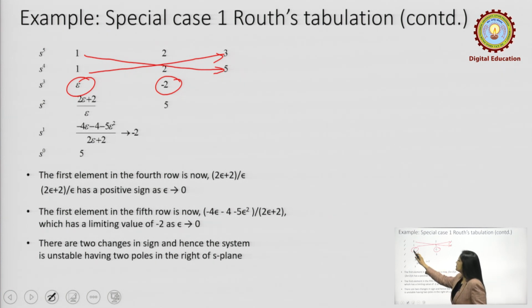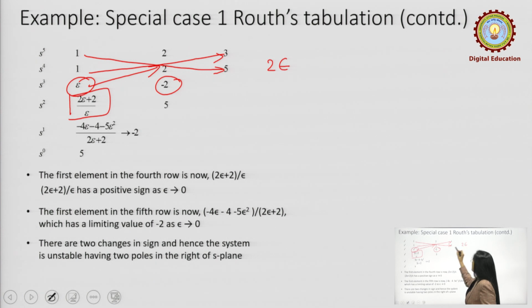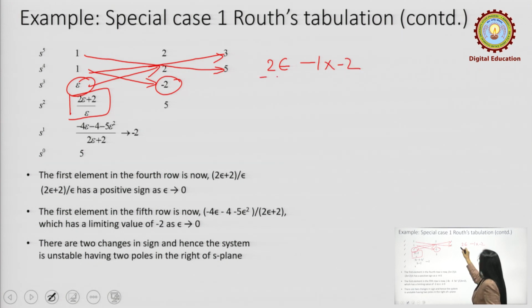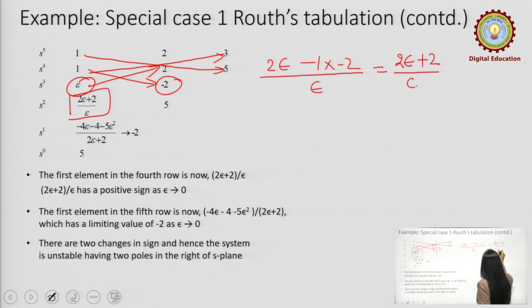So, replacing 0 by a small value, what will be this term? This term is obtained by 2 into epsilon minus 1 into minus 2 upon epsilon. So, we get 2 epsilon plus 2 upon epsilon. This is how we get the first value.